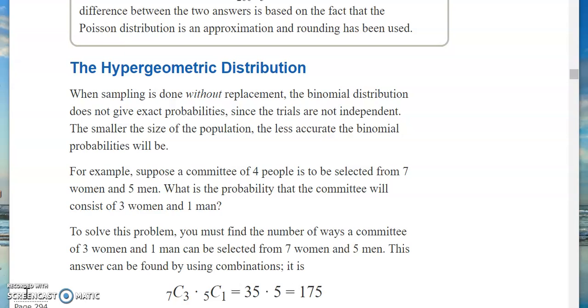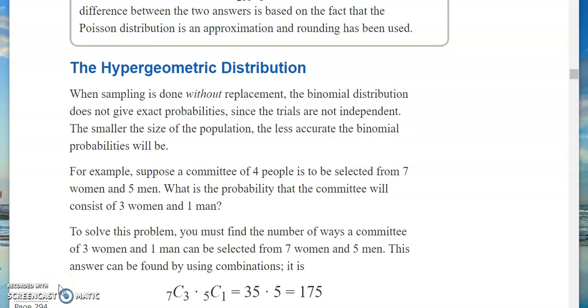All right, so now we're going to talk about the hypergeometric distribution. Now, the hypergeometric distribution shares some similarities with the binomial distribution. I've mentioned this before. Let's just think about this for one second here. The binomial distribution deals with two possible outcomes. One of the requirements is that each of the trials has to be an independent event.